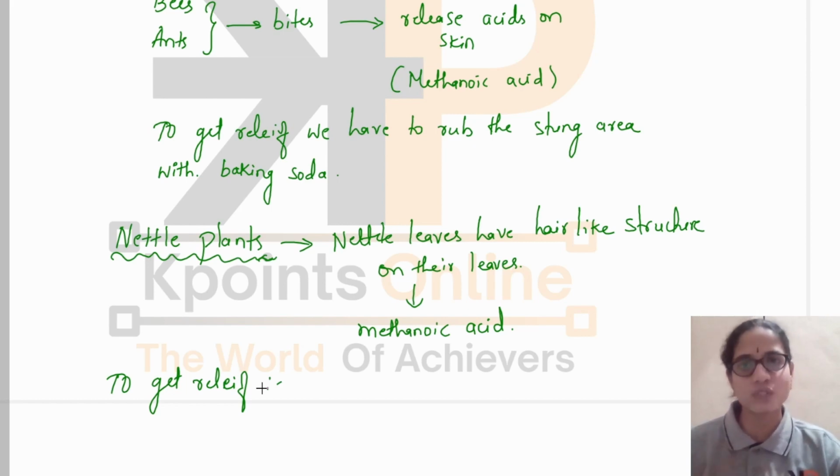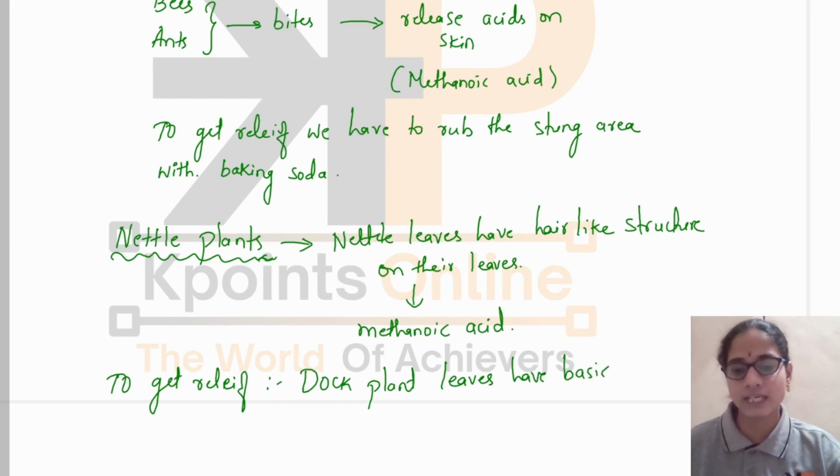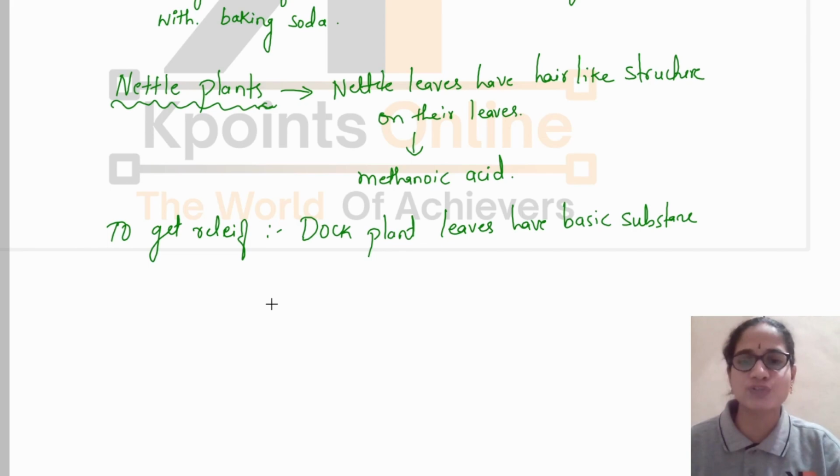We crush those leaves and apply the liquid on our skin. It will give relief. Why? Because the dock plant leaves have basic substances in them, because of which we get relief from the burning sensation caused by methanoic acid.